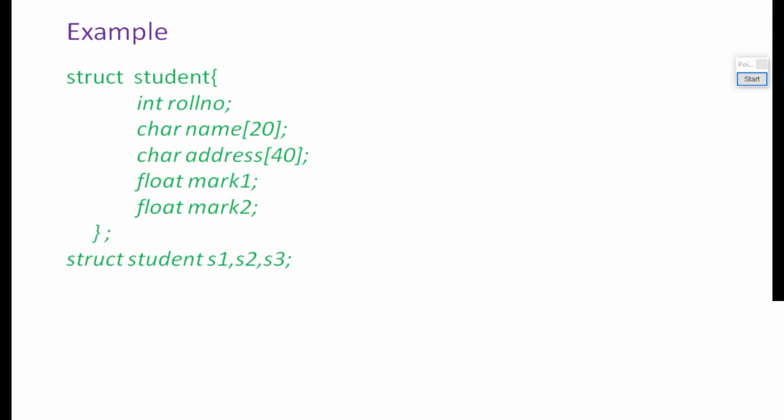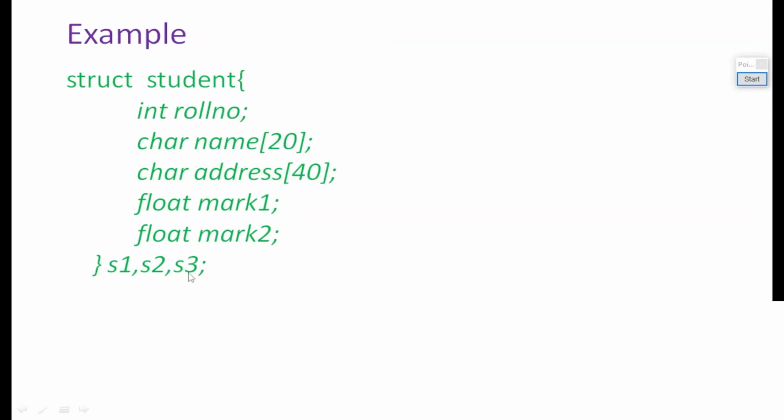This is one way: put the semicolon, and then after that create the variables. The other way is, here itself we can write.